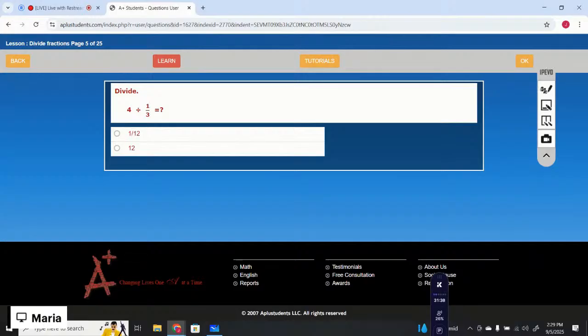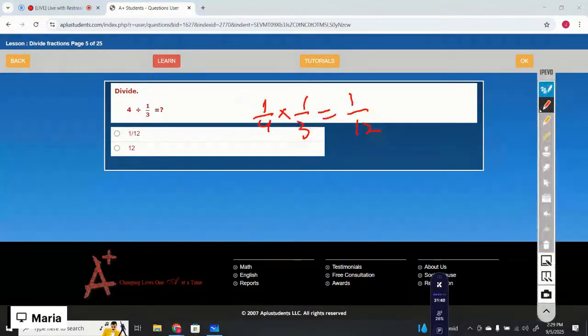Four divided by 1 by 3. So replace the division sign with multiplication. That would be 4 times 3 over 1. So 4 times 3 is 12.